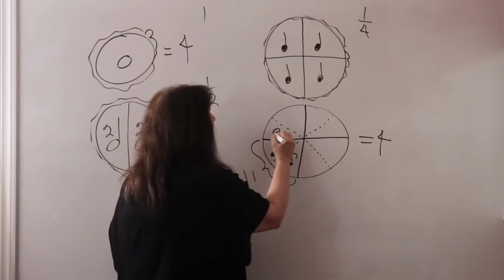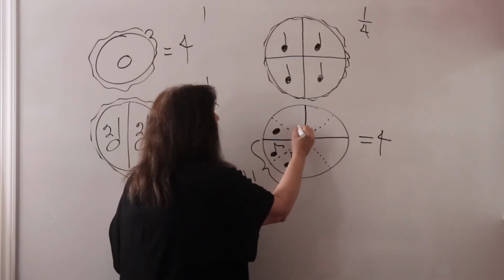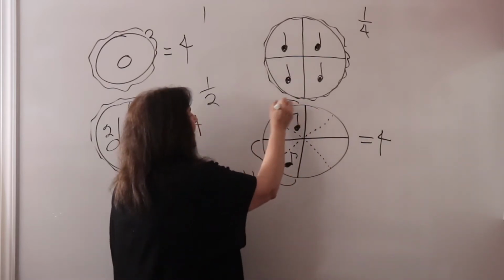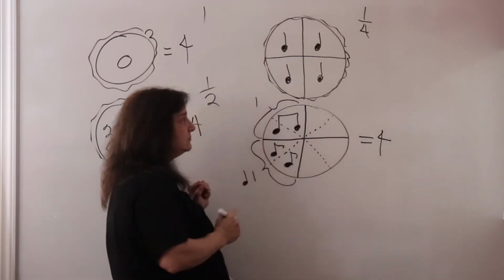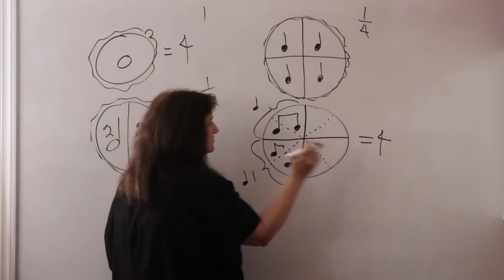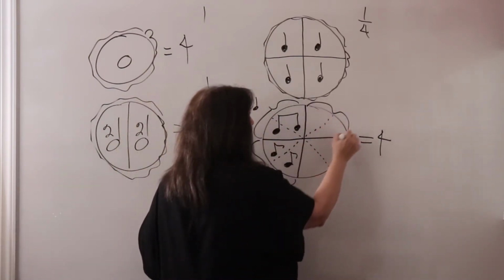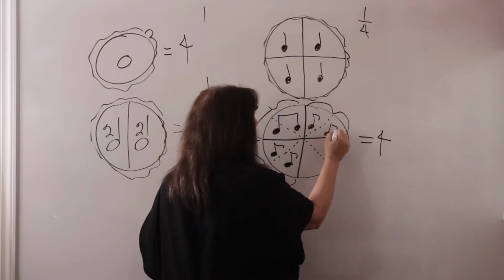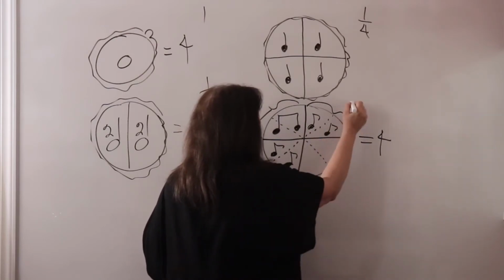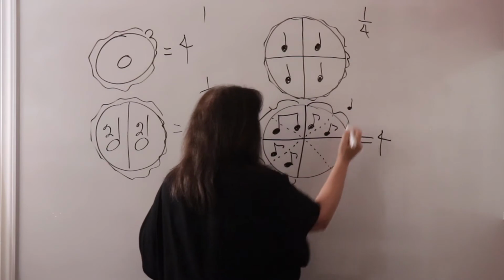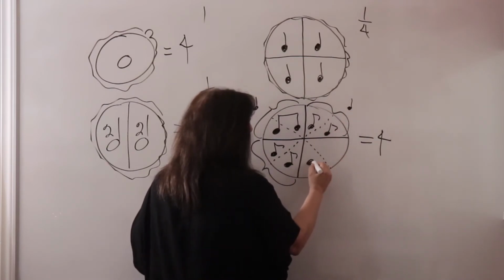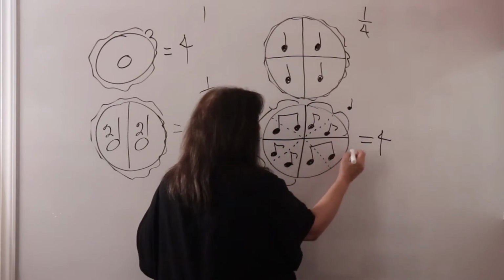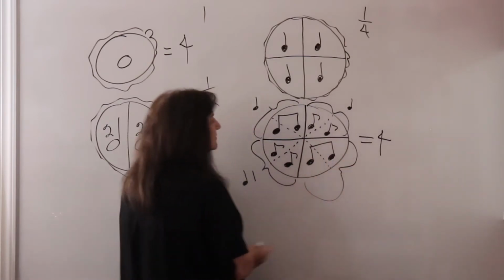If we tie them together with a beam, because we have 2 together, that equals one beat, a quarter note. Same thing for here, eighth notes equals one beat. And then our last quarter of our pie, again, are our two eighth notes.